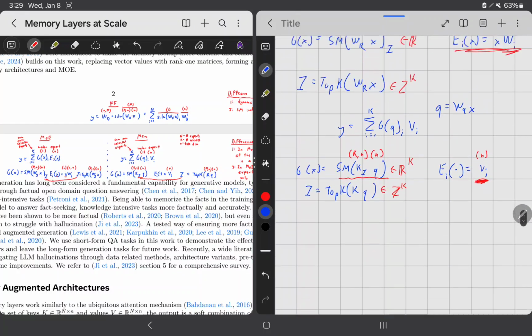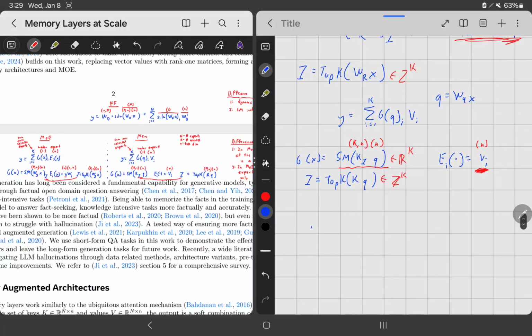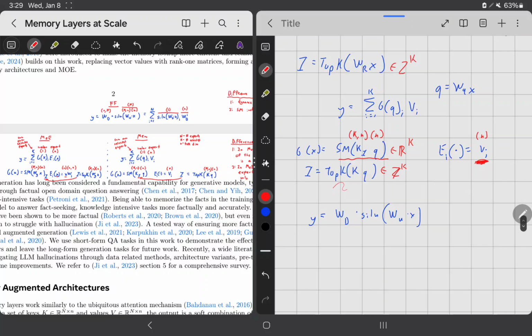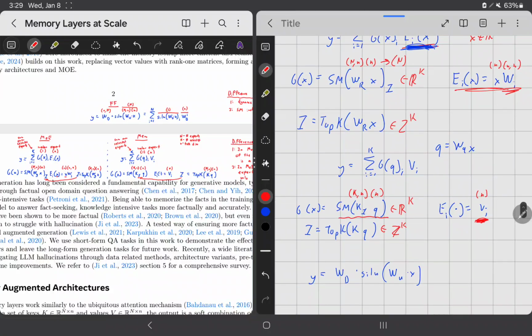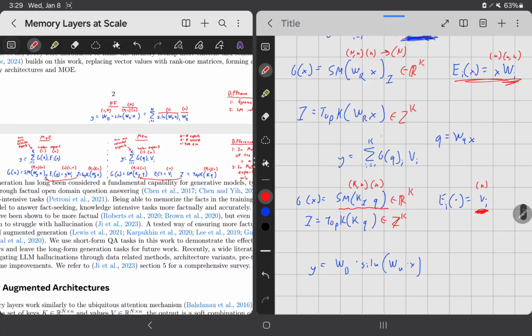So that is that, and I want to show you how this relates to an MLP. So an MLP is equal to W_D times, I'll do a SiLU MLP, W_U times x. So this here, in terms of the shapes over here, let me write out the shapes first.